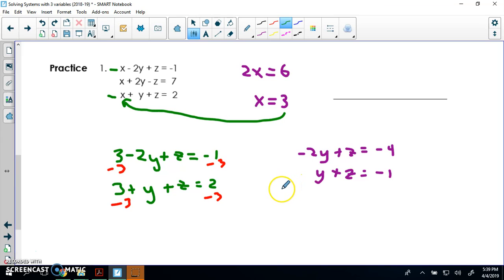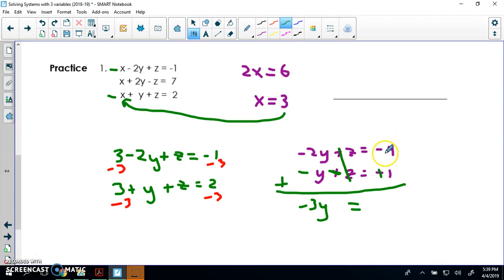Let's see. If I combine these two, it's not going to work out pretty. But if I multiply everything in the bottom one by a -1, which turns everything opposite, so that's actually a -z, now I can add them together. That's going to be -3y. These will cancel.